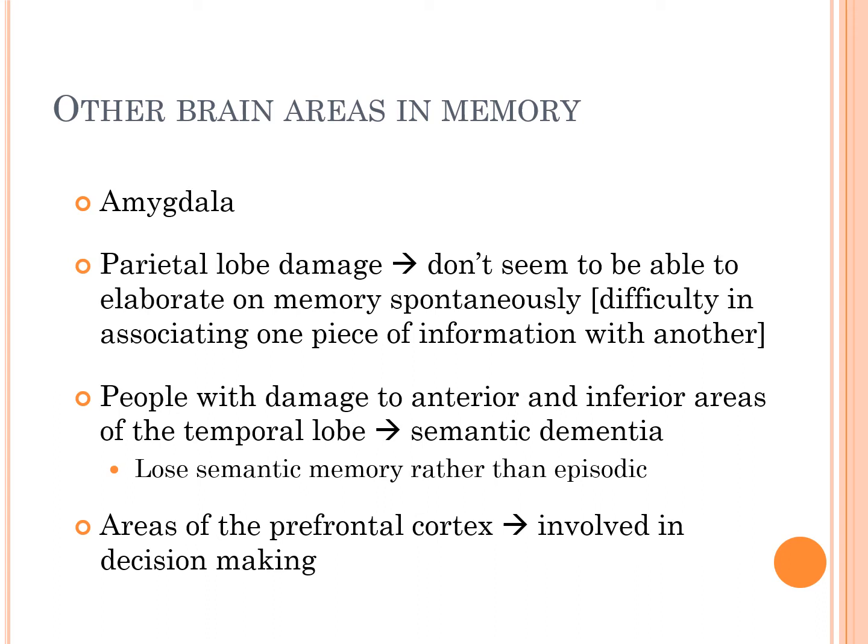People with damage to their anterior and inferior areas of the temporal lobe have a semantic dementia. So this is really where it appears that our memory for fruits, vegetables, animals, the things we've had experience with in our lives that we know facts about, that information appears to be stored.